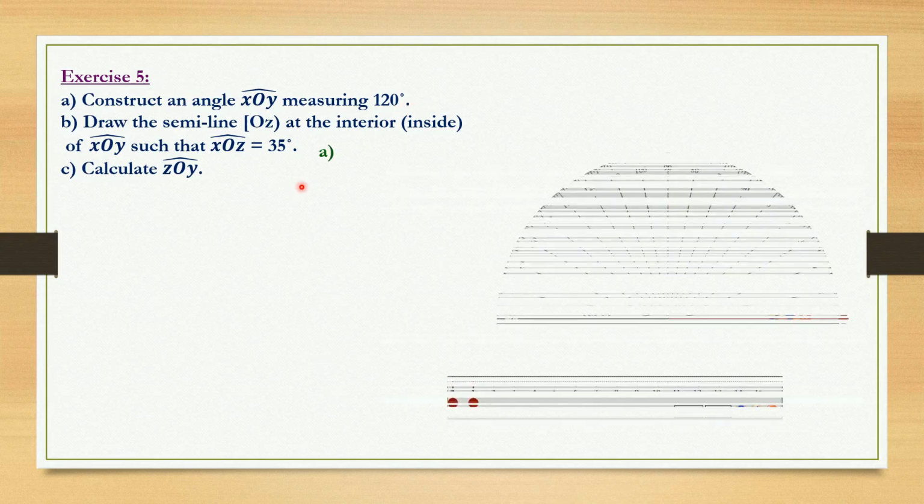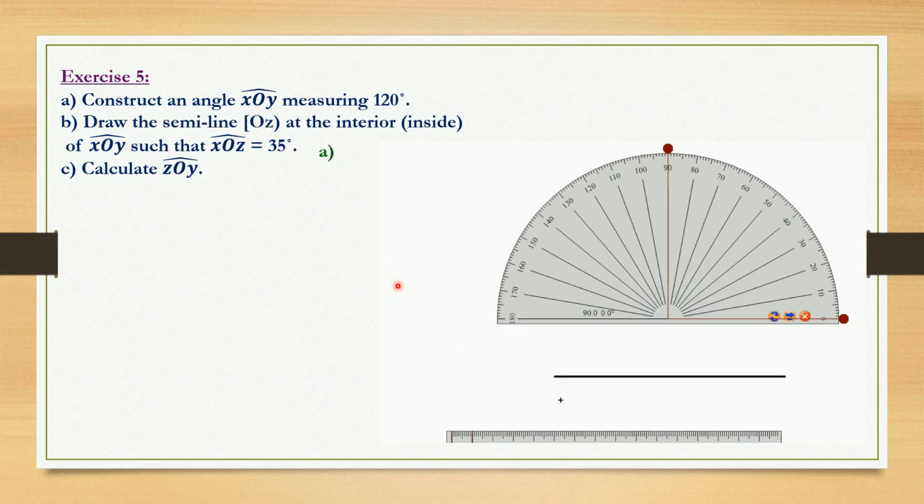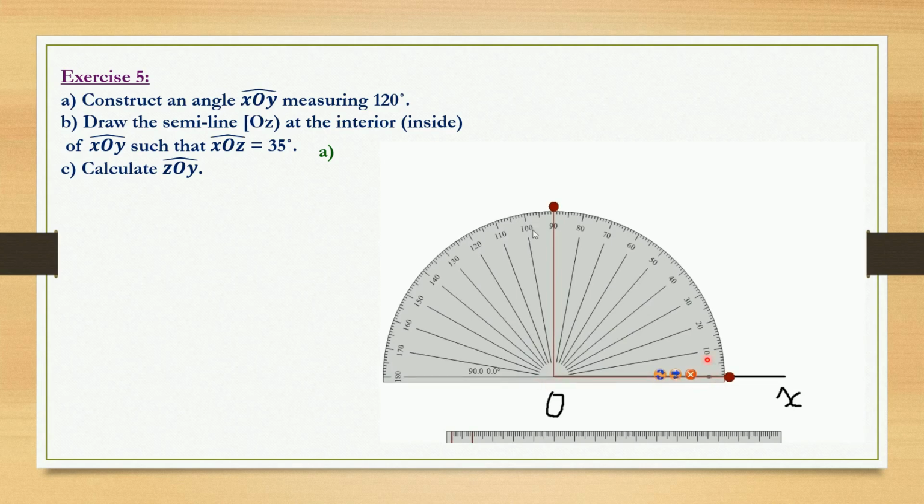Question A. Let's draw this angle using our ruler and the protractor. First, we need to draw one of the two sides, for example, OX. After drawing OX, we place the center of the protractor on vertex O and the 0 degree line on OX. I count from 0 till 120, where I put a point above the dash.